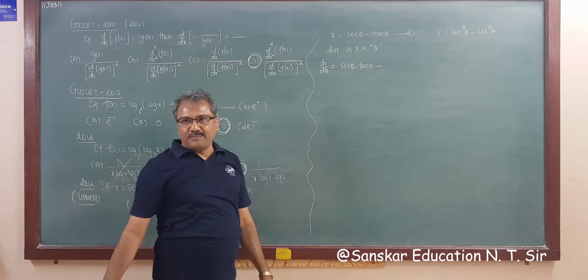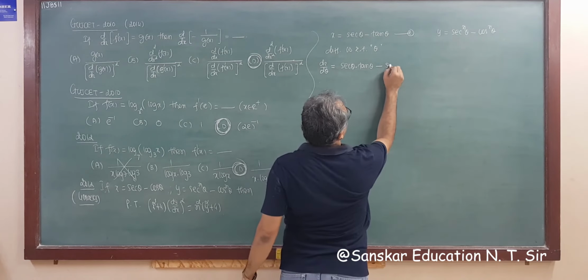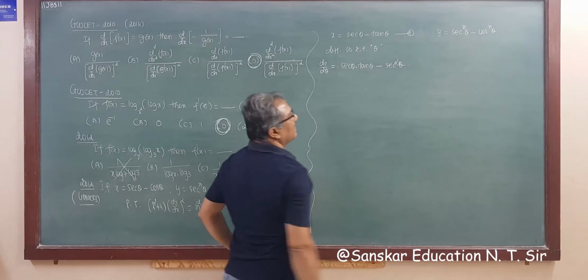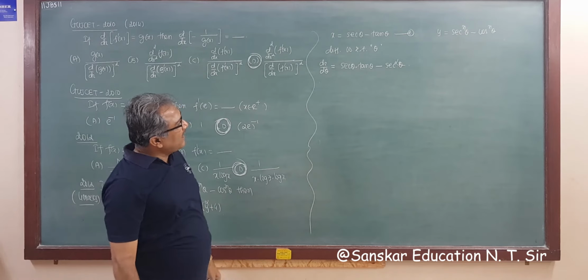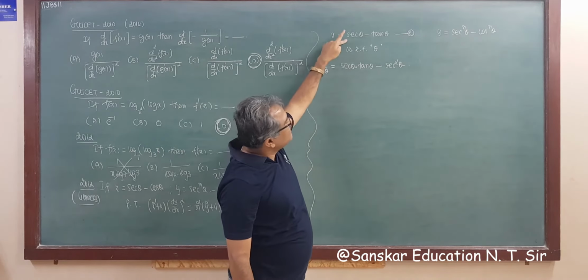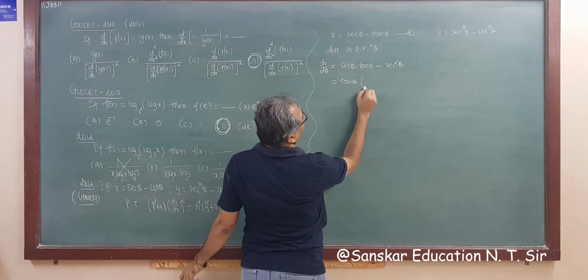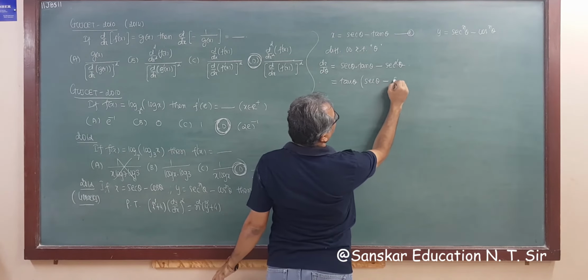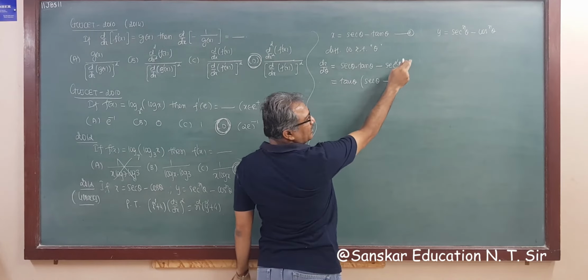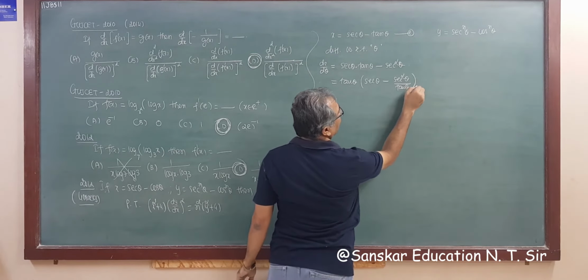minus the derivative of tan theta, which is sec square theta. So this is sec square theta, right? Now after the first differentiation, we have to take care. If I take tan theta common, this is tan theta times sec theta minus sec square theta, but there is no tan theta here, so we have to divide by tan theta also, because we are taking tan theta common.